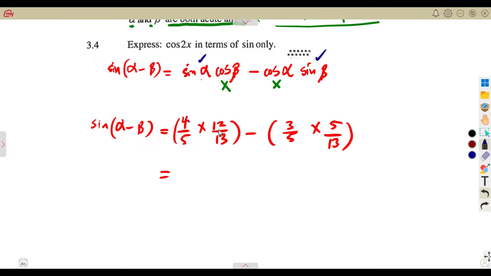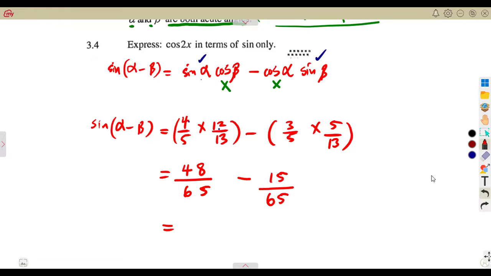So 4 times 12, which is going to give us 48. So you multiply these together. Okay, that will be 48 over what? 5 times this 13, which is 65, minus 3 times 5, which is 15, over what? 5 times 13, which is again 65.